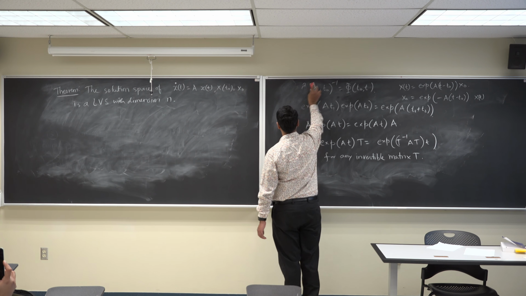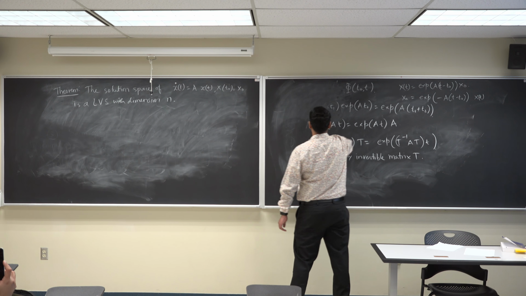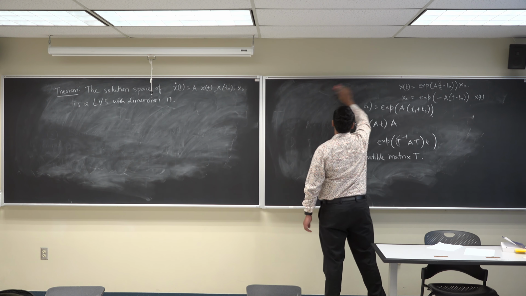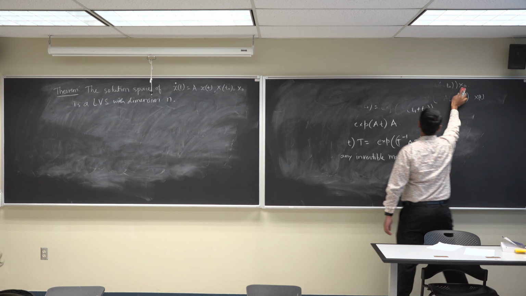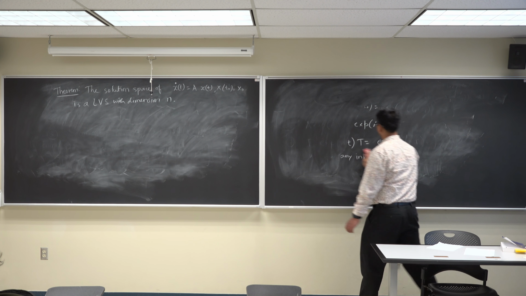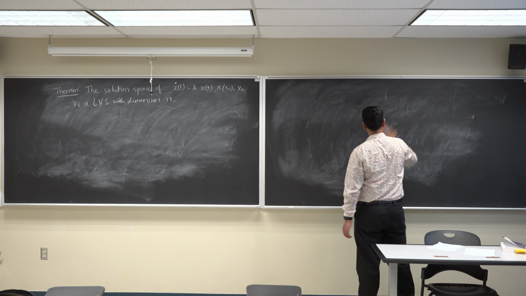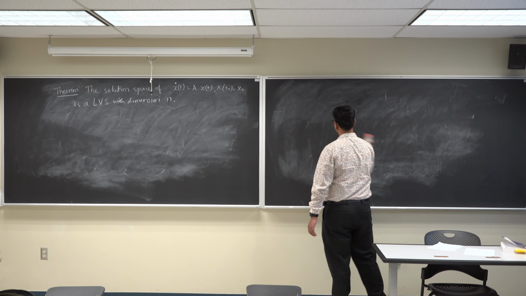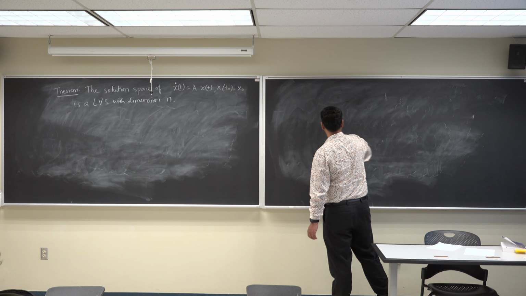And let me tell you why this is an important property. When we prove it, you will realize that it's actually pretty trivial and follows from the property of linear systems. But it's a very interesting property.